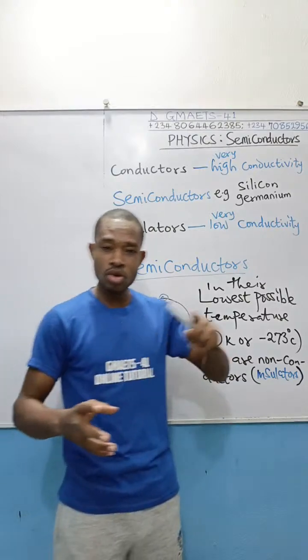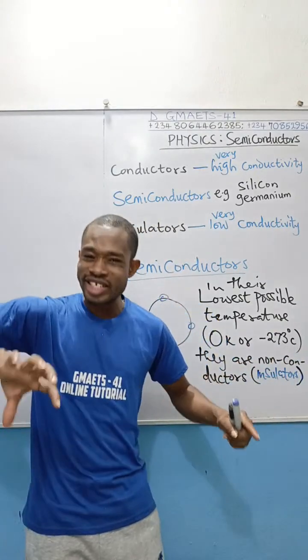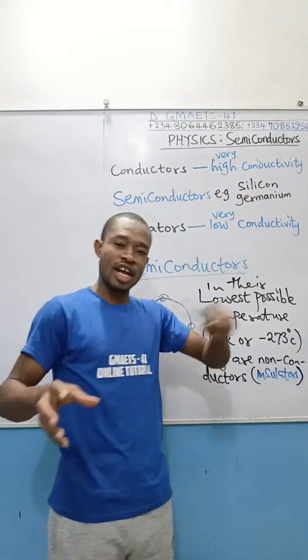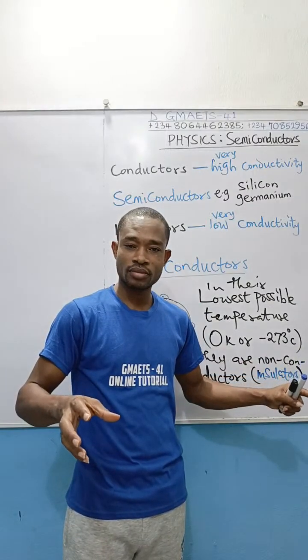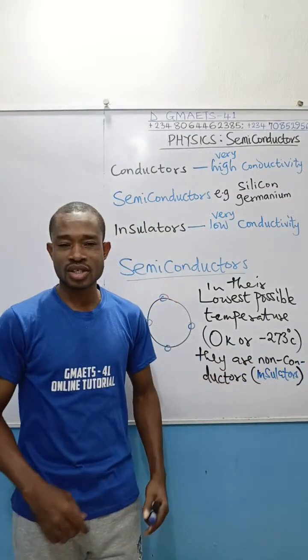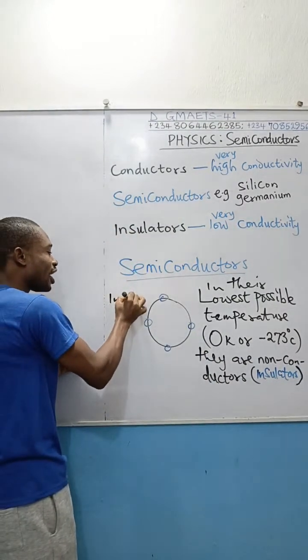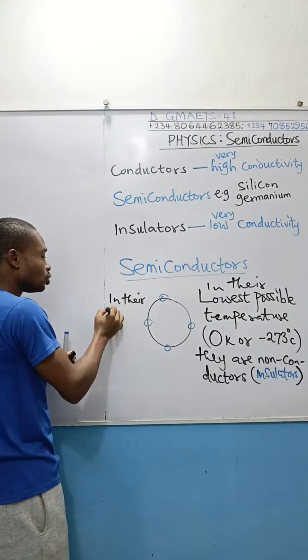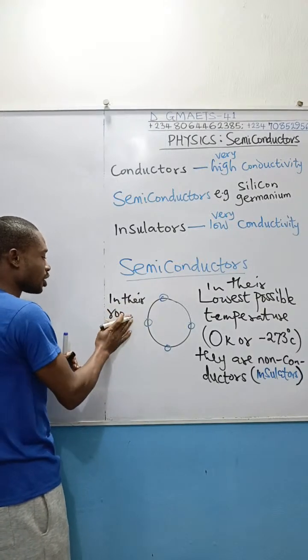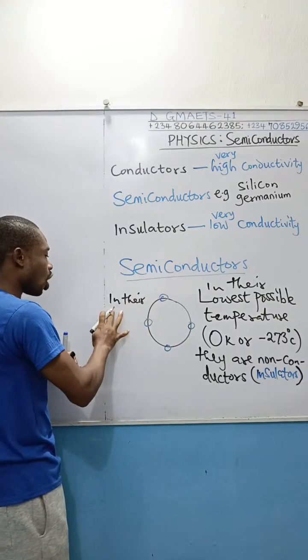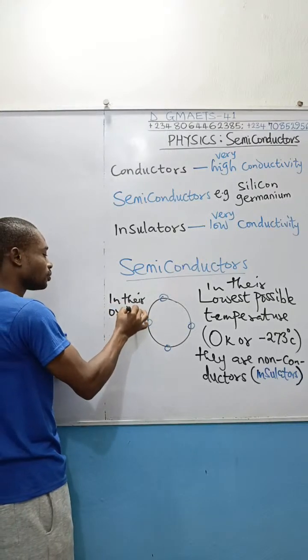As electrons move, a hole is created, which is the vacant space from which the electron moved. Under what condition does that happen? In their room temperature, ordinary room temperature.